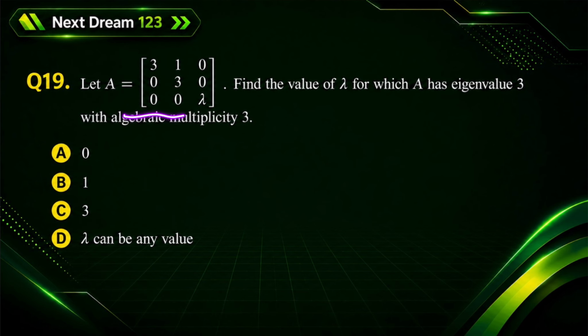Matrix A is given. Find the value of lambda for which A has eigenvalue 3 with algebraic multiplicity 3. If you observe this matrix clearly, this is an upper triangular matrix. In upper triangular, lower triangular or diagonal matrices, the eigenvalues are the same as the diagonal entries.